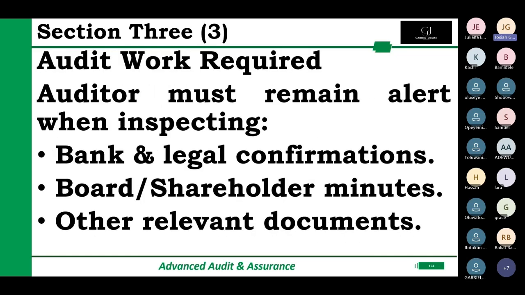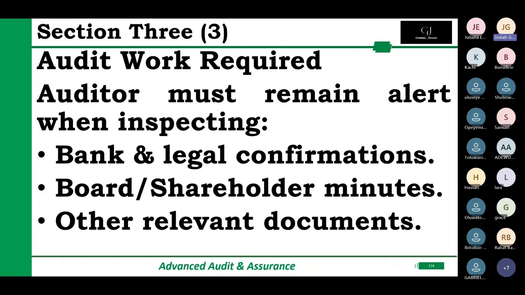So the audit work required to unravel this: the auditor must remain very alert when inspecting bank and legal confirmations. Bank statements, independent confirmations, and confirmations from the lawyers of the company, the solicitors and barristers, are very important. So you must remain alert when inspecting these documents and getting responses from these external confirmations.